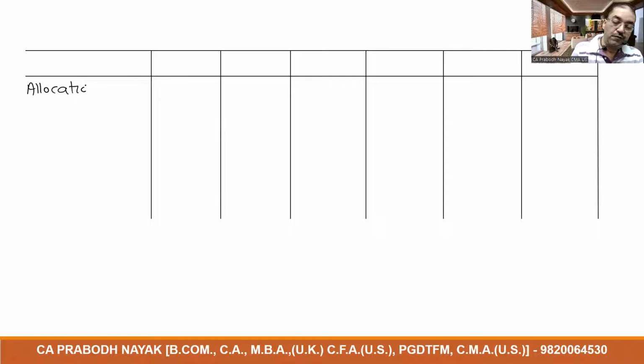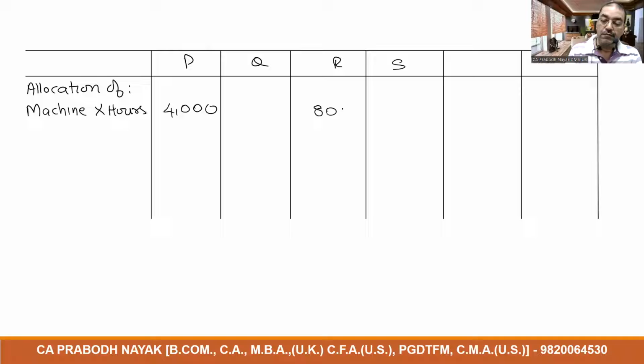Allocation of machine X hours for PQRS. The entire 4,000 will come, this entire 800 will come, this entire 400 will come.